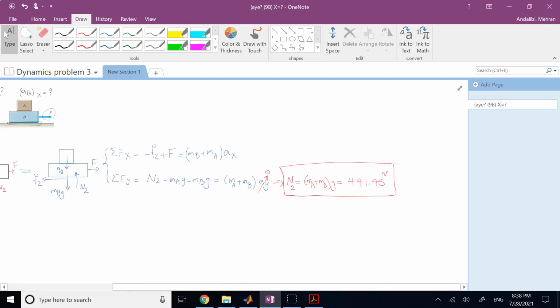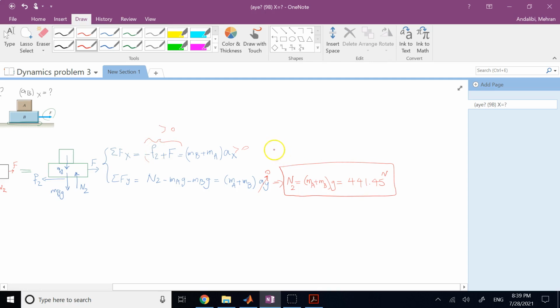Good. Now, the question is this. If I want to have any motion, since the system is starting at rest, I need a positive AX for the system to move. It means the total force should be positive, to the right side, which means F has to be bigger than F2.